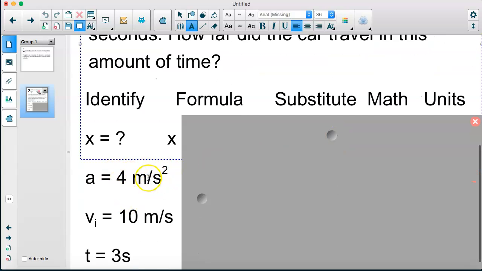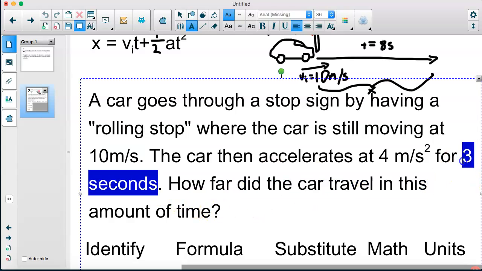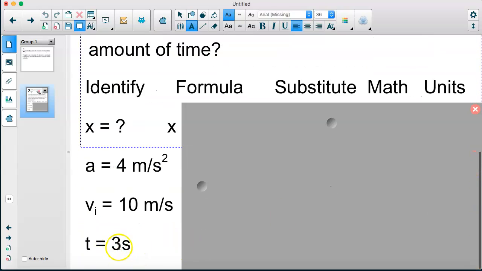We also know that the car has an initial velocity, and this is the piece that we're adding in our video today, in our previous problem, the initial velocity was just 0. And we also know how long our car was accelerating for. It was accelerating for 3 seconds, so we know the time as well. But unfortunately, we don't really know the distance.